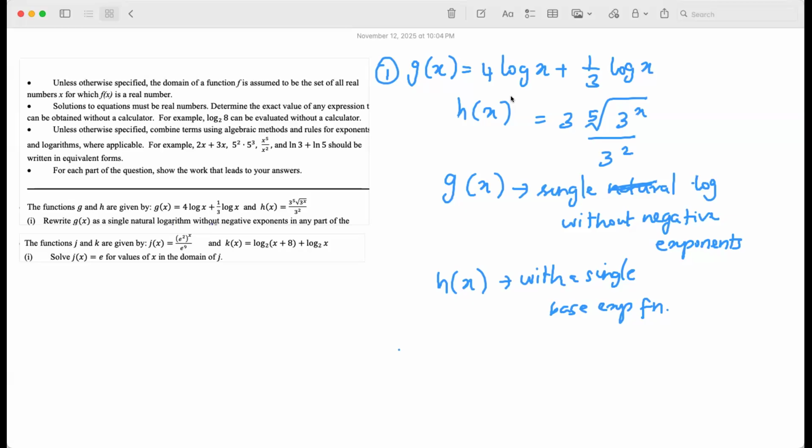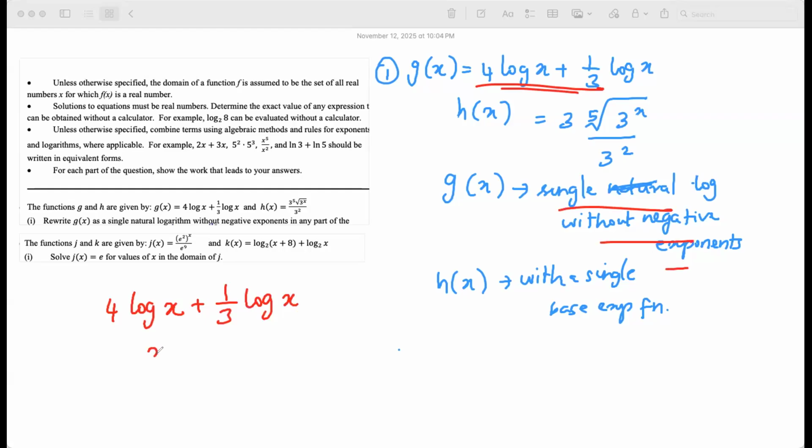So here, I'm just going to take this 4 log x plus 1 by 3 log x. Single log without negative exponents, right? So this is log x power of 4 plus log x power of 1 by 3, which is cube root of x.